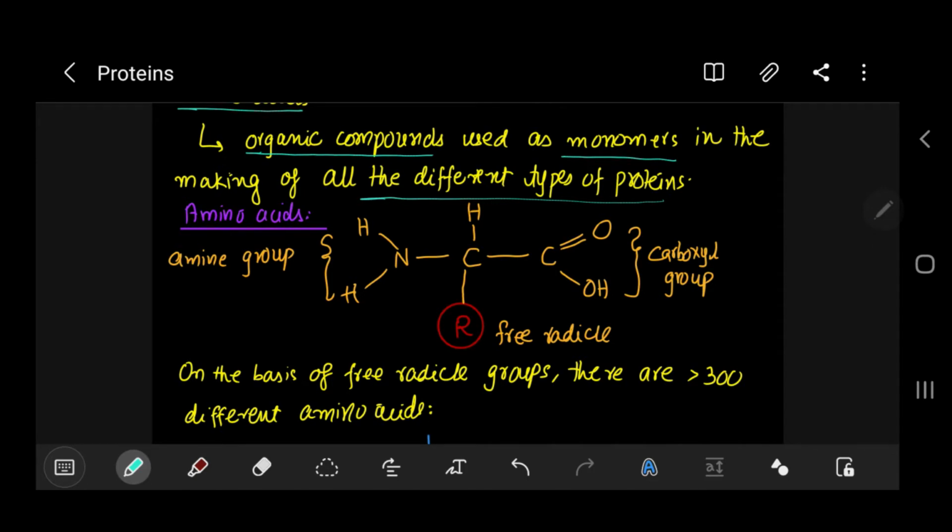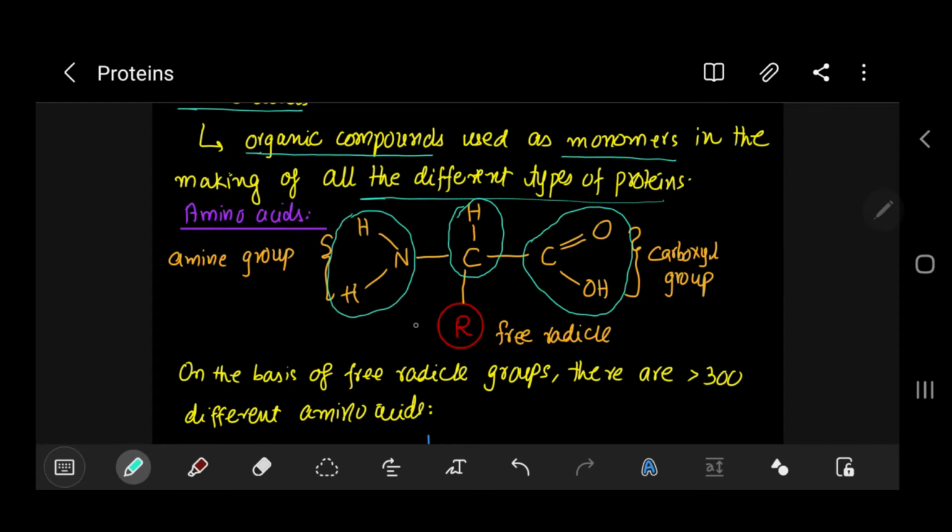Now as you can see, we have four main parts of this structure. Let's highlight that. This is the first part, the carbon and hydrogen, they are fixed like this. The second part is the carboxyl group, or carboxylic acid group, and this is the amine group, the third part.